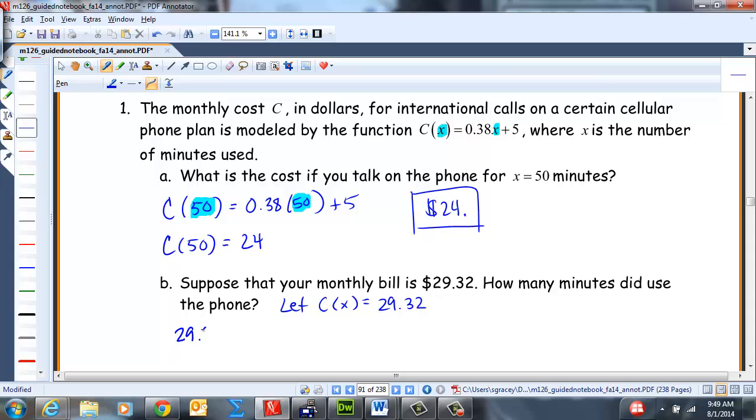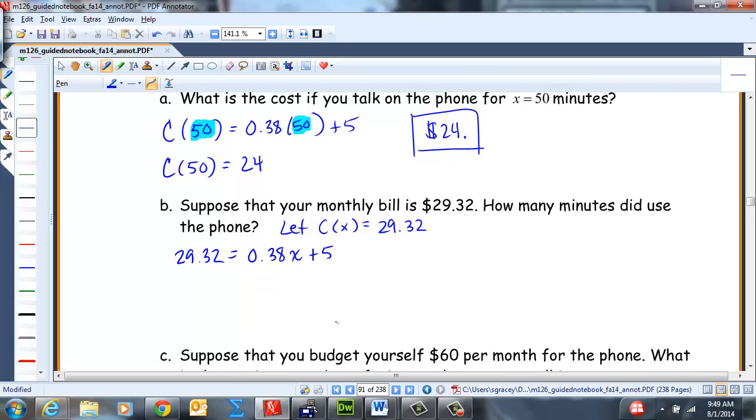So 29.32 is equal to 0.38 times X plus 5. If I take away 5 from both sides, I'll get 24.32 is 0.38 times X. And if I divide both sides by 0.38, I'll get the number of minutes.